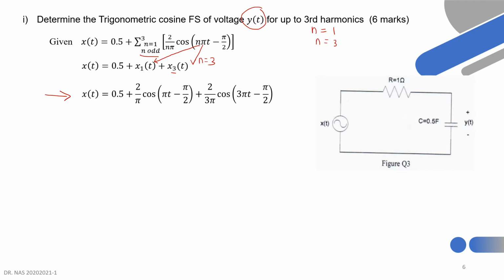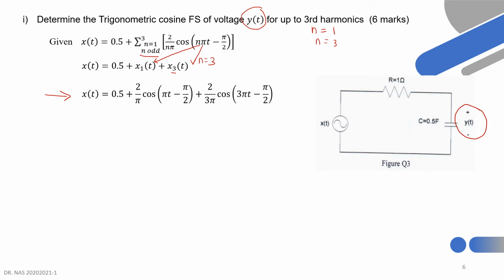Okay, so to determine y(t), the output signal, you need to consider the passive components included in the circuit. So you need to redraw or define the equivalent circuit by replacing the components with the Fourier series equivalent circuit.